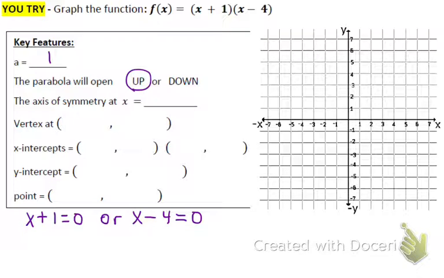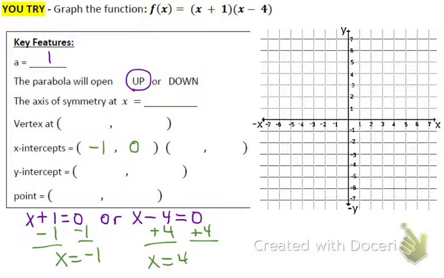That gets you to the zeros, the x-intercepts. -1, 0 is one of those. Add 4, and you'll see 4, 0 is the other one. The axis of symmetry, x equals the average of those two. So the average of -1 and 4, add them together, you get 3 halves, or 1 1/2.